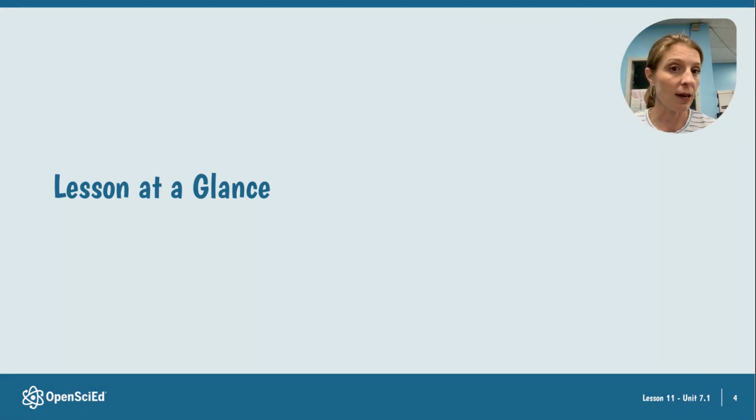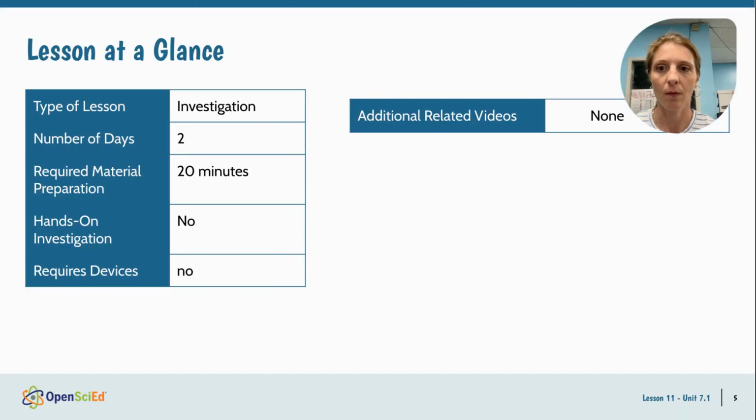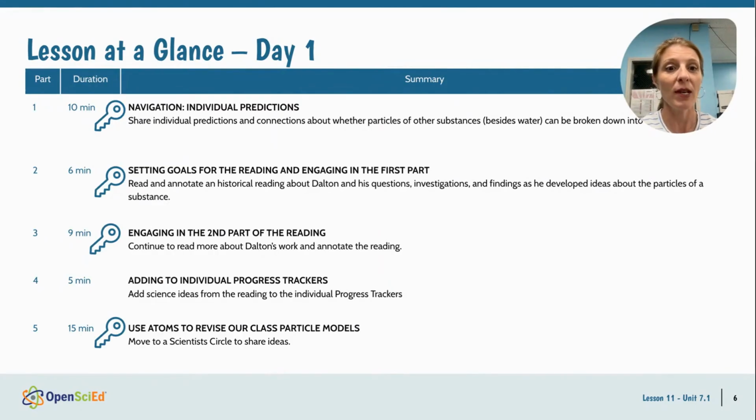Let's take a look at a lesson at a glance to see how we're going to get the students to answer this question. This lesson is an investigative lesson. It takes about 2 days and requires about 20 minutes of prep time. There are no hands-on investigations in this lesson. We start day 1 in a science circle to revise our key model ideas about what might be happening to particles during a chemical reaction based on what we learned in lesson 10.